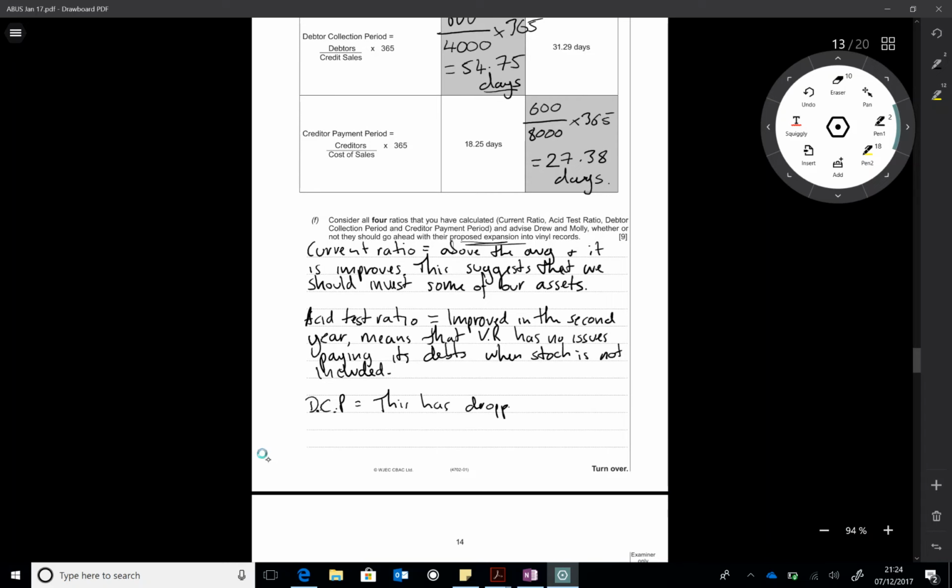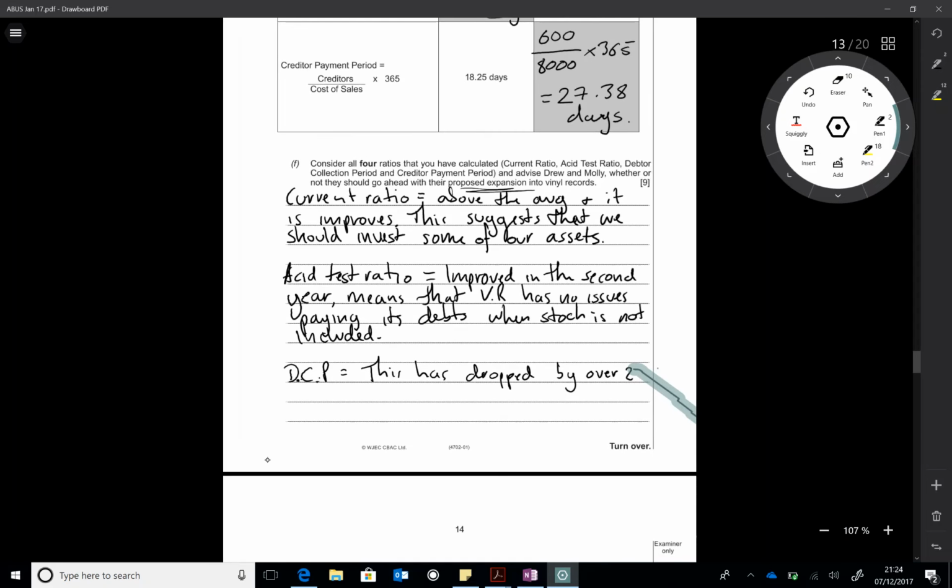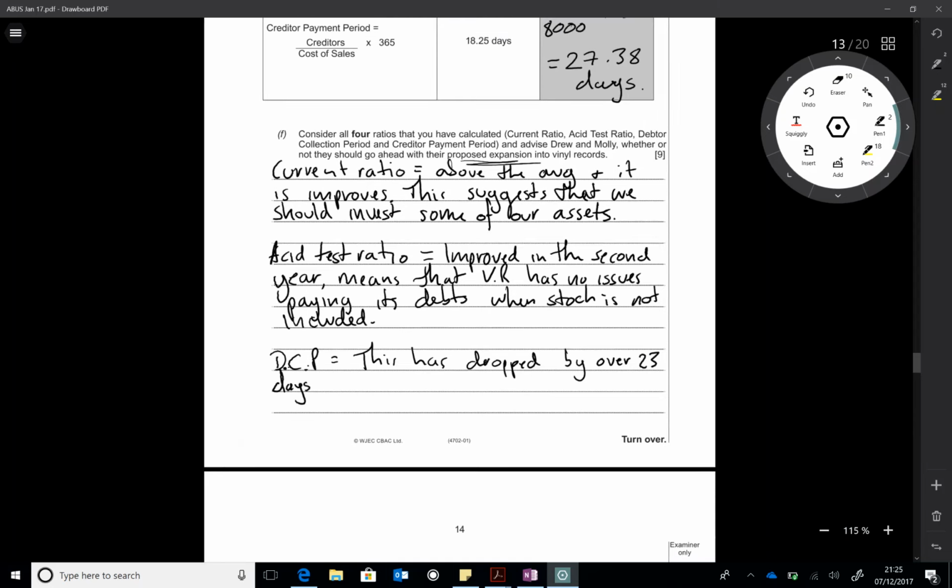And you can work it out as well, just to give it that extra little bit, dropped by over 23 days. Okay, this shows that it's collecting its debts faster, so therefore it has less money owing to the business.